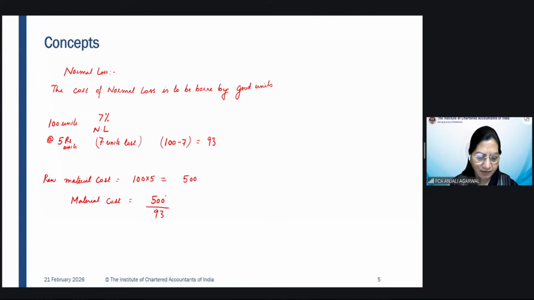So I will have a slightly inflated cost. My cost per unit will not be now 5, it will be 5.376, rounding off to 4 decimals, but generally if it is currency, you can round it off to 2 decimals.